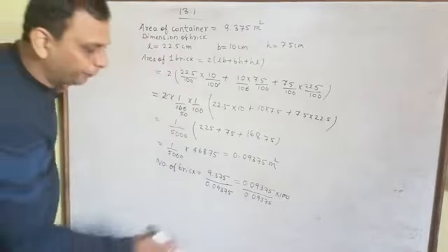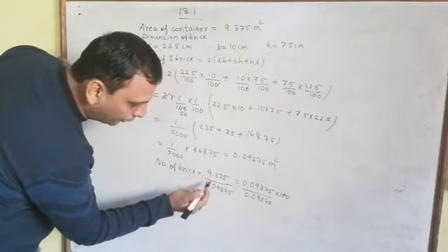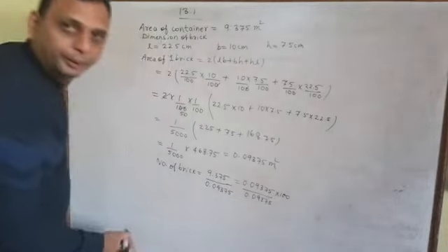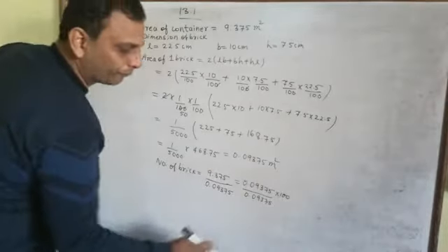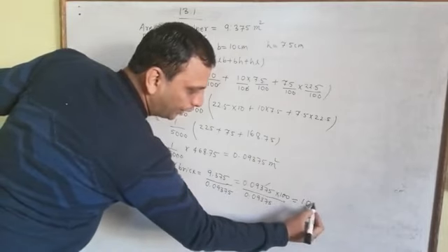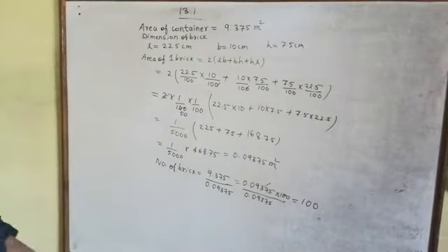Why does multiply 100 come? Because I shifted the two numbers. One I shifted the 9, other I shifted the 0. So these two numbers will be cancelled. So what is left? Only 100. What is the answer? 100 is the answer. So we got the number of bricks 100.